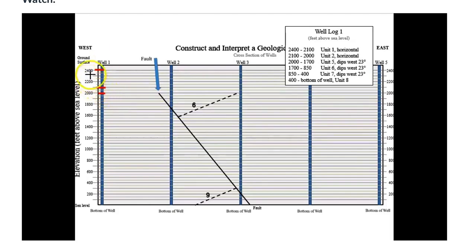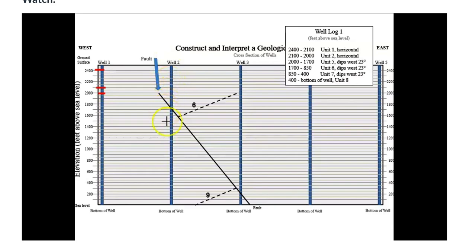I had given you the tip in your handout this week to angle the contacts between rock units to match the dip that I have specified. And when you have plotted data from all 5 wells, at that point you can correlate or match rock units from one well to rock units in another well.